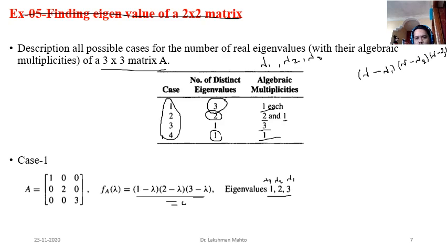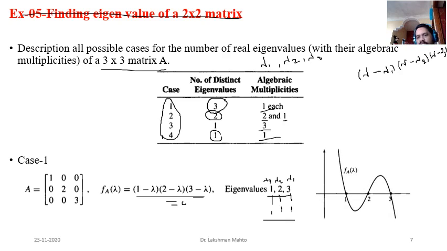What is the algebraic multiplicity of this one? The algebraic multiplicity of 1 is 1. The algebraic multiplicity of 2 is 1. The algebraic multiplicity of 3 is 1. So every eigenvalue has multiplicity one. Now see this scenario. If you try to observe a plot of the characteristic polynomial, you will observe that it is intersecting the horizontal axis, or zero axis, in terms of lambda.